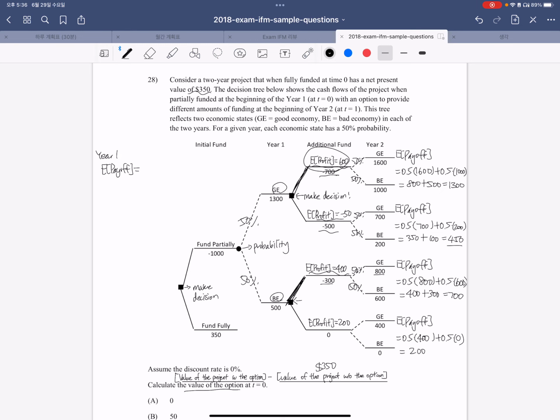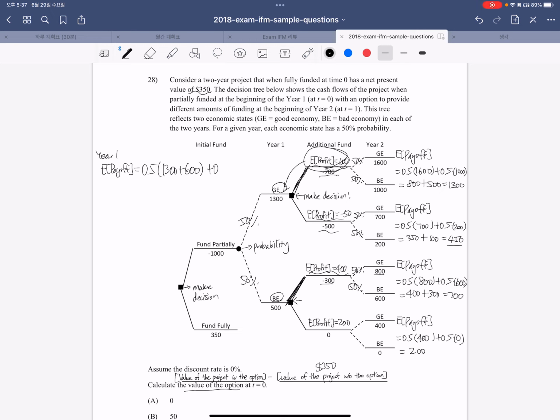This would be 50% chance of, and we want to add this value to 1300 because, since we don't have any discount rate, we can just add it. So if we will be in a good economy in year one, the payoff will be 1300 plus 600.